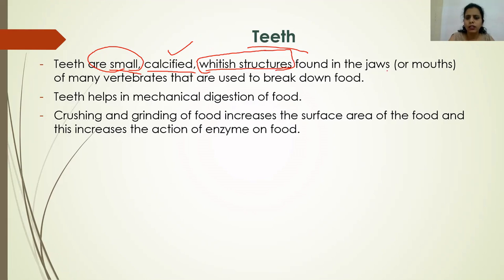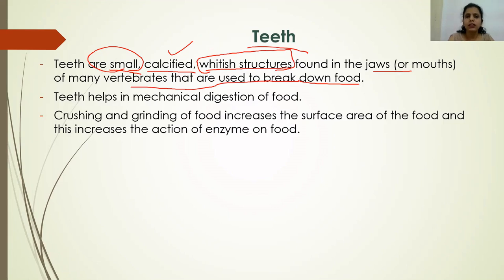They are found in the jaws or mouth of many vertebrates and are used to break down food. So teeth are small calcified whitish structures present in the jaws or mouth of vertebrate animals, used to break down the food.